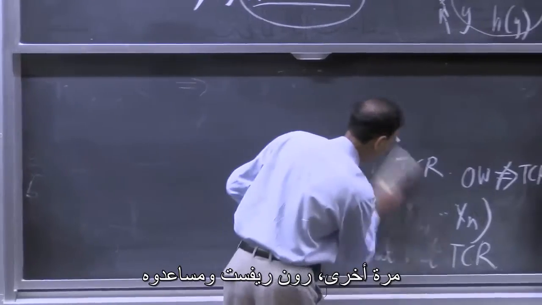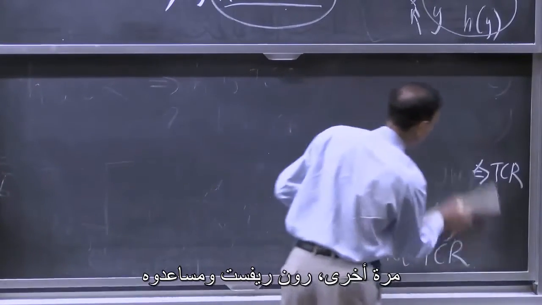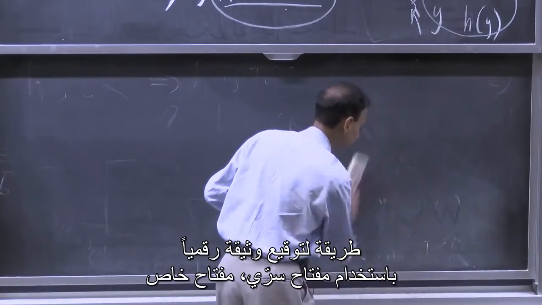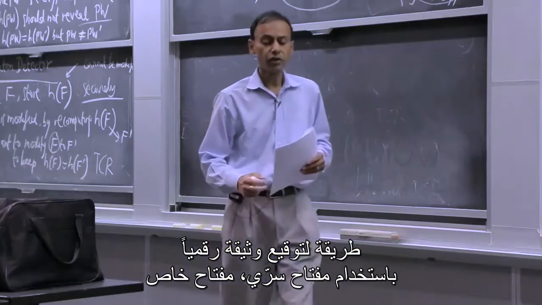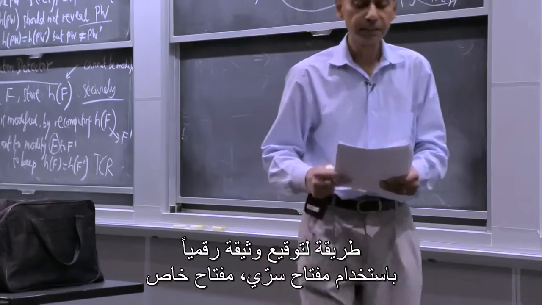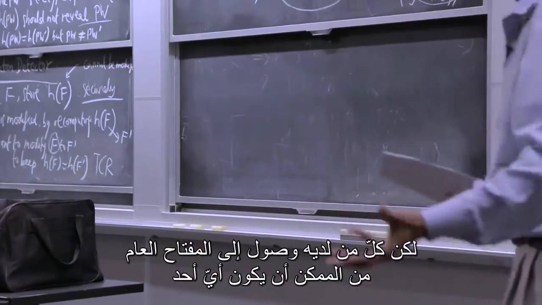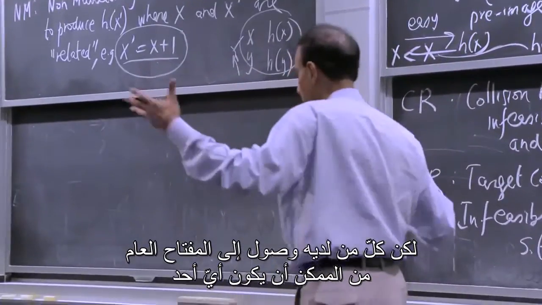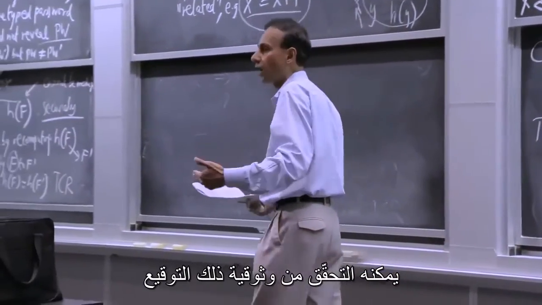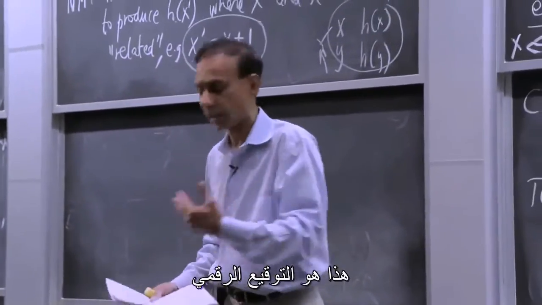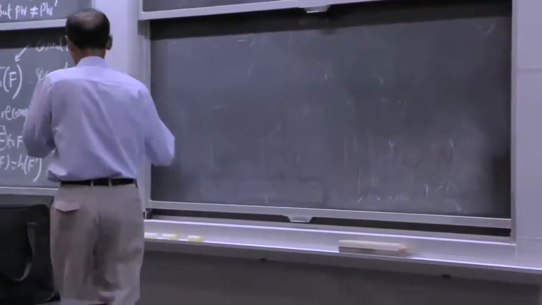Again, Ron Rivest and collaborators, which are a way of digitally signing a document using a secret key, private key, but anybody who has access to a public key, so it could be pretty much anybody, could verify the authenticity of that signature, right? So that's what a digital signature is.